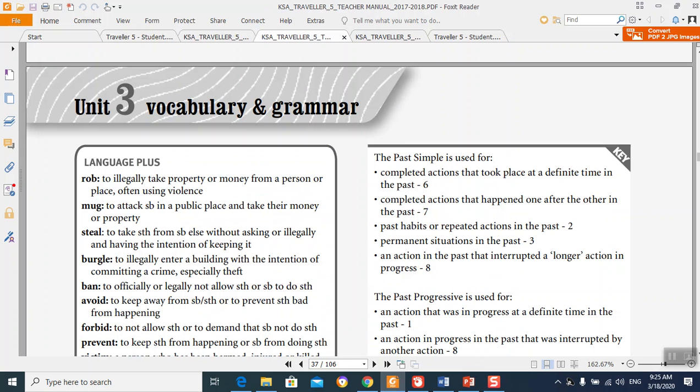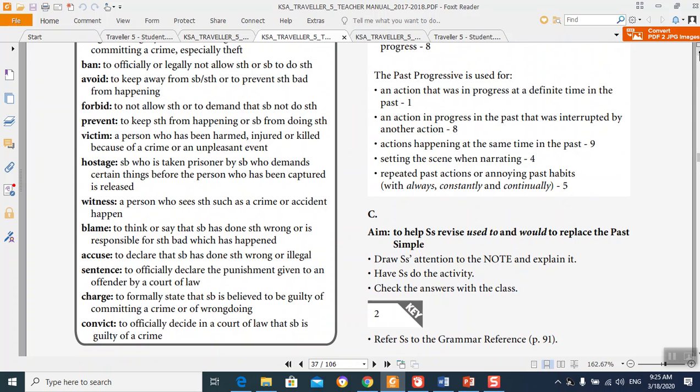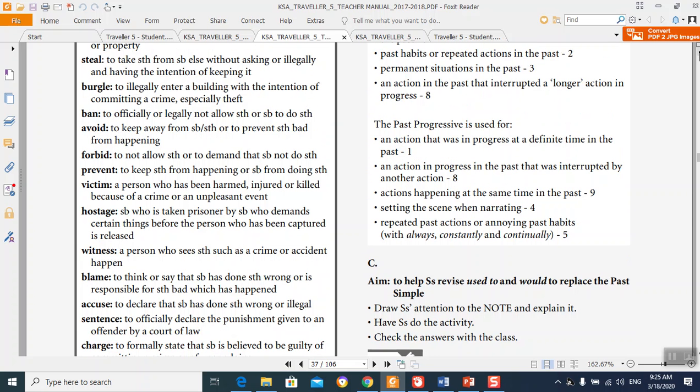Here are the words which you need to go for and look: rob, mug, steal, burgle, ban, avoid. So all these words you're gonna see, and please go for the meaning of these words. To the left you find them here, all these words.